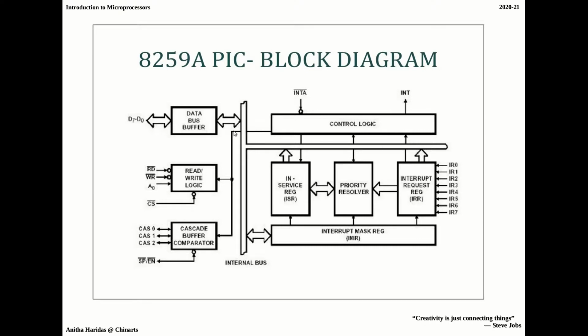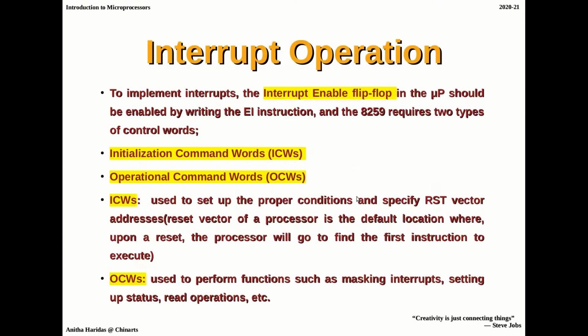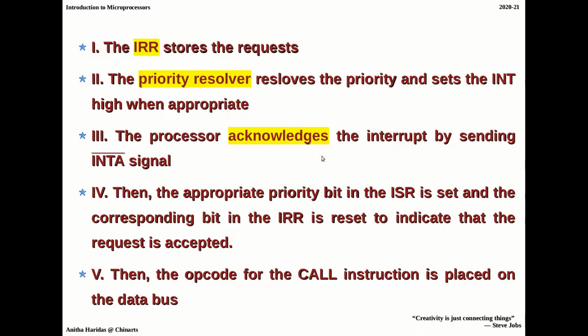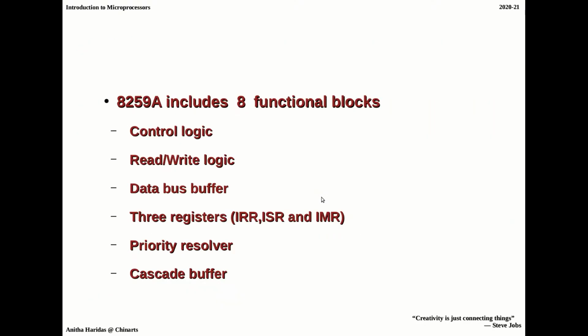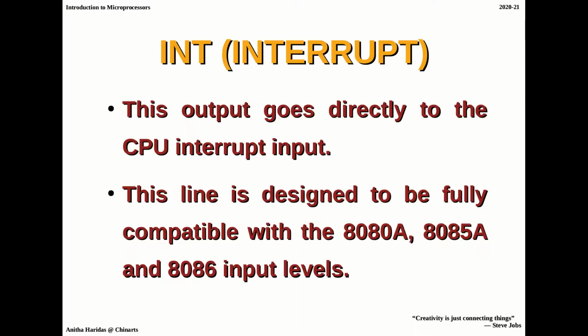So these 8 functional blocks will help in handling all these sequence of events in the interrupt operation. What are these functional blocks? The control logic, read-write logic, data bus buffer, the 3 registers, priority resolver, and the cascade buffer. So let us see what each block is doing in the 8259A.